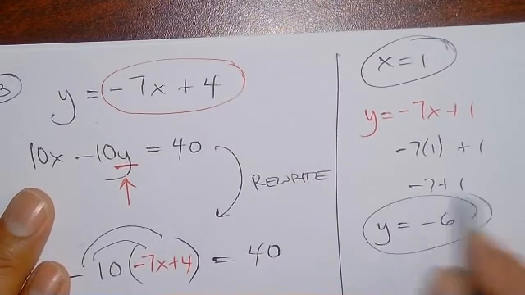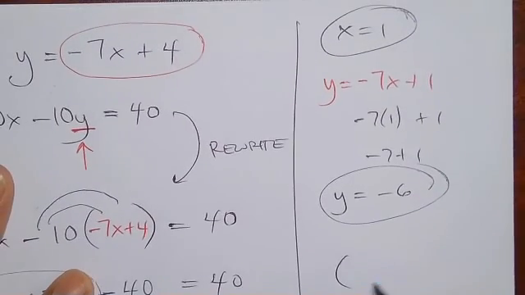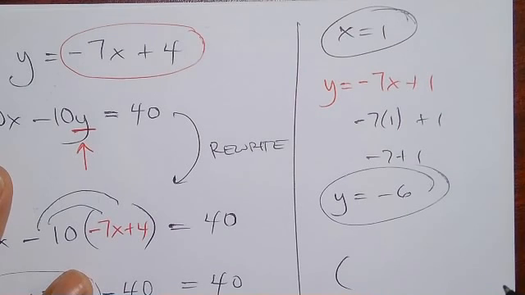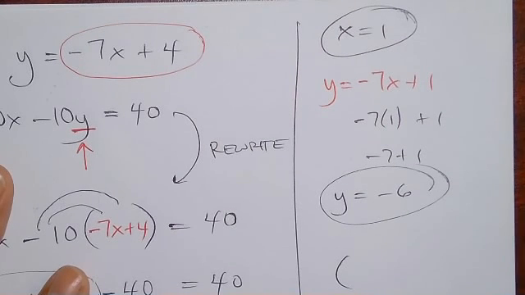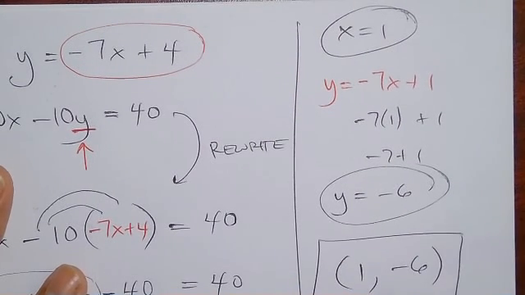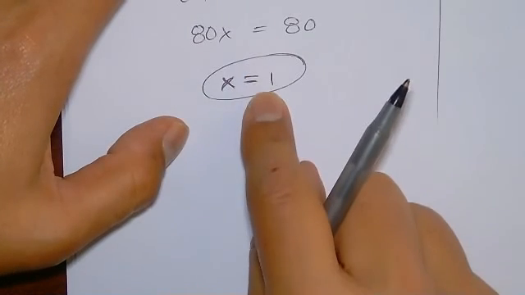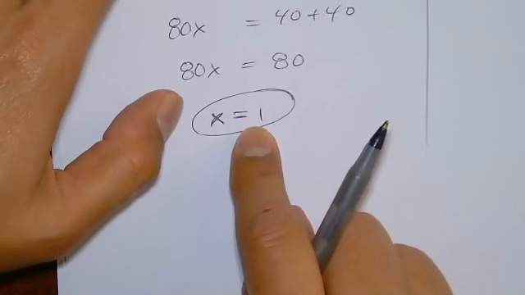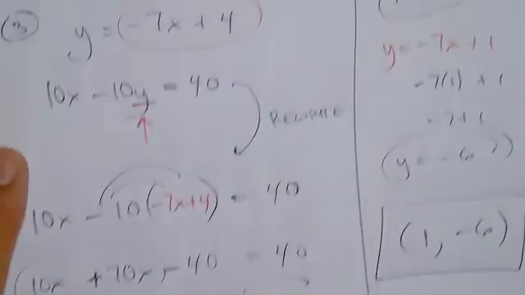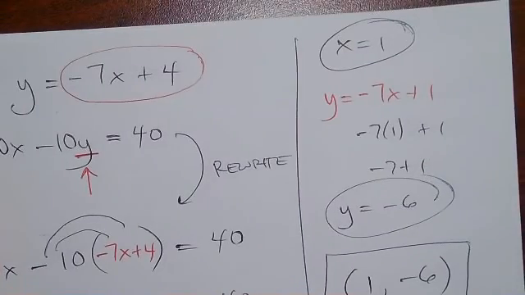Or you added it wrong. That's going to cause you to get the whole problem wrong. Okay, the answer is what? The solution is a coordinate: 1, negative 6.